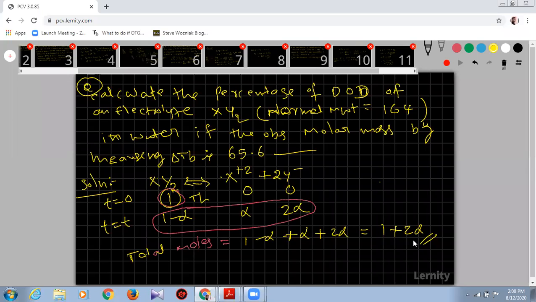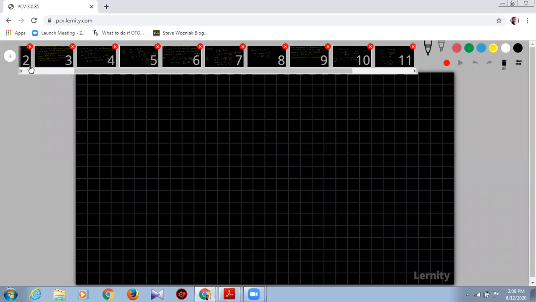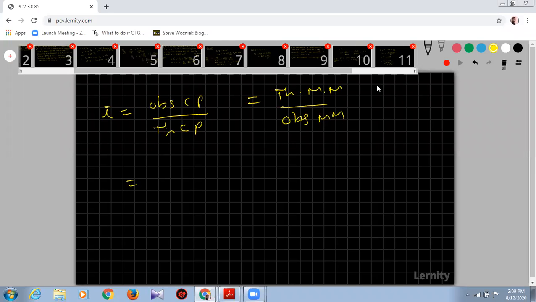Now i is equal to observed colligative property by theoretical colligative property. Since it is inversely proportional to molar mass, that is theoretical molar mass by observed molar mass. What is the observed colligative property? Based on this slide you can tell.